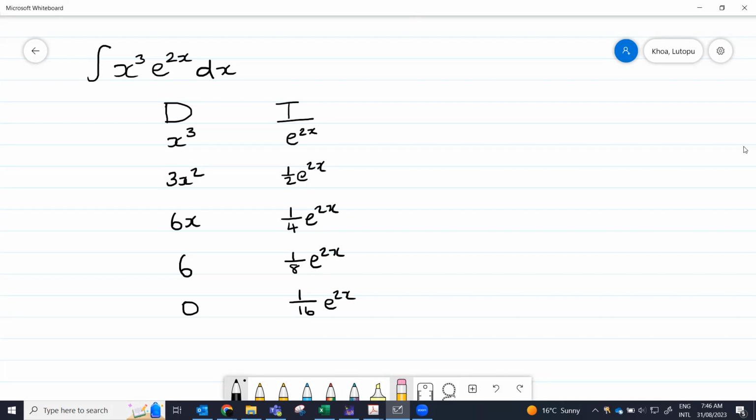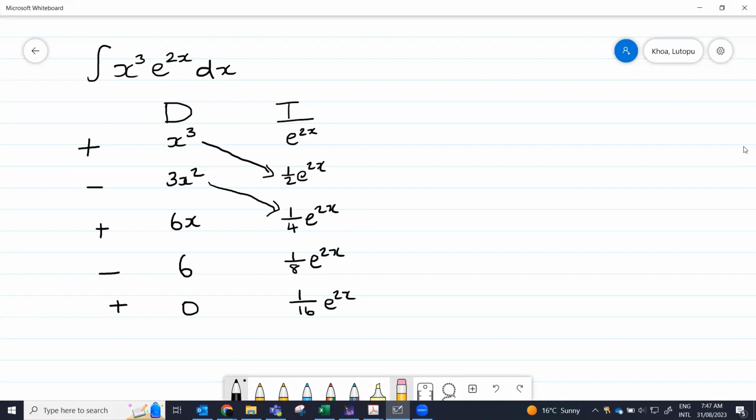Now over here on this side, you're just going to alternate between pluses and minuses. So you put a plus, a minus, a plus, a minus, and a plus, and you carry on as long as you've differentiated and integrated.